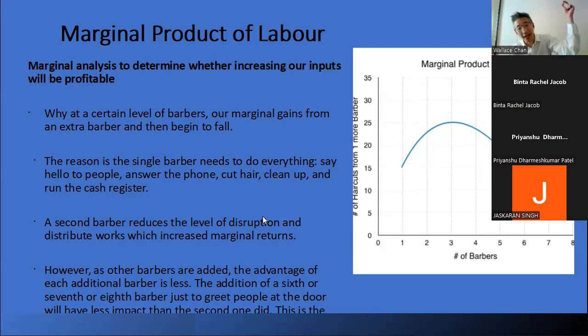If you keep adding more people to work, the marginal product of labor will increase at the beginning, but then decrease after a certain point. So far, so good? Makes sense, right? Okay, good.